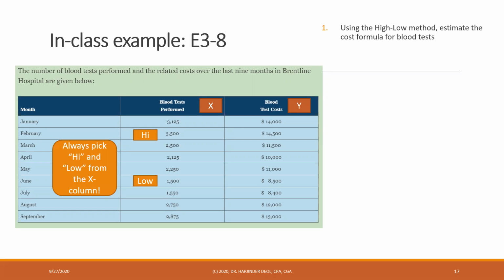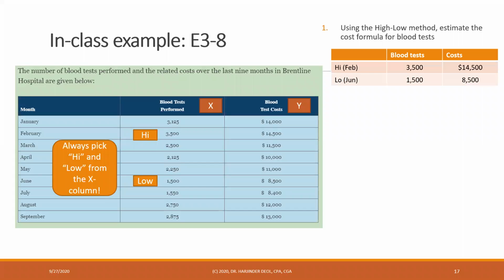Always make sure to pick your high and low from the X column or the activity level. So if we look at your high and low activity level and the total dollar amount associated with those, the difference between the high and the low points gives us 2,000 blood tests, and that cost us $6,000.